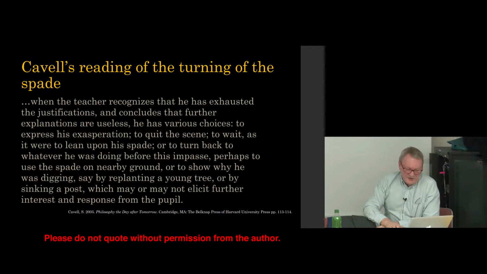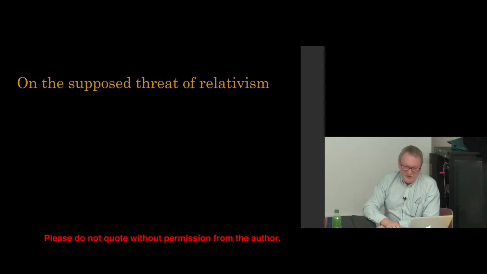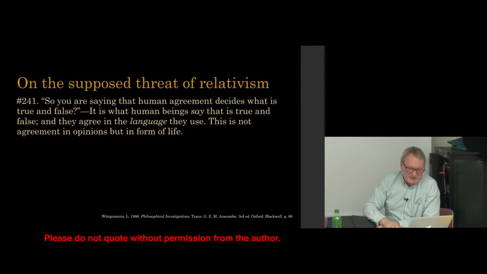Right, Cavell's reading of the turning of the spade. Let me come back to that maybe in a minute. The supposed threat of relativism: if it's all based on criteria, and criteria are culturally generated, it looks as though this is relativistic.